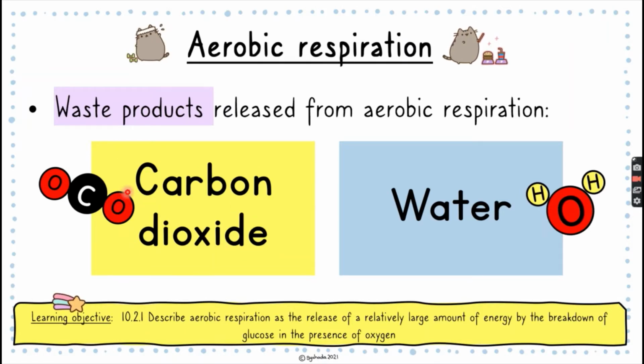Carbon dioxide is especially toxic for your body because it can dissolve in the water part of your blood, which is your plasma, and it can form carbonic acid. Remember that an acidic environment would change the pH of your blood and hence your tissues, and it would also disrupt the enzymes from working at their optimum pH.